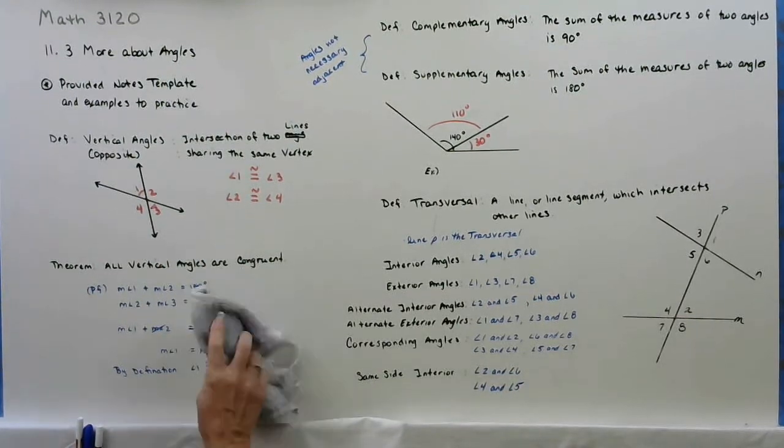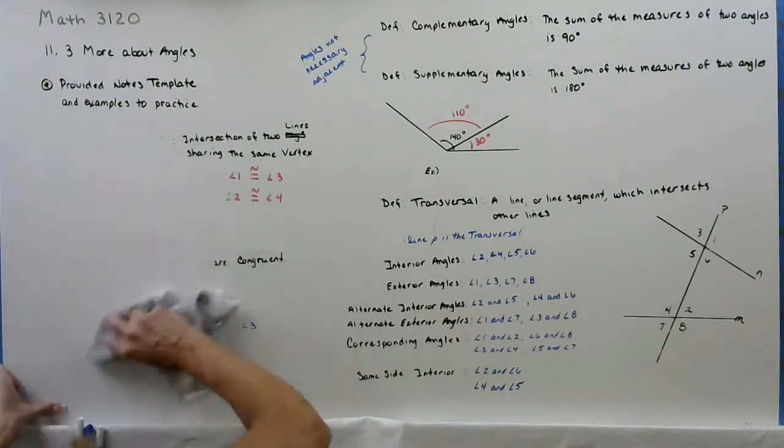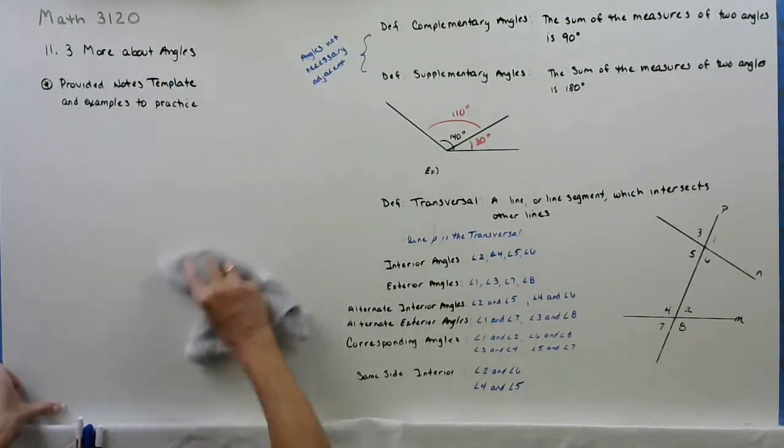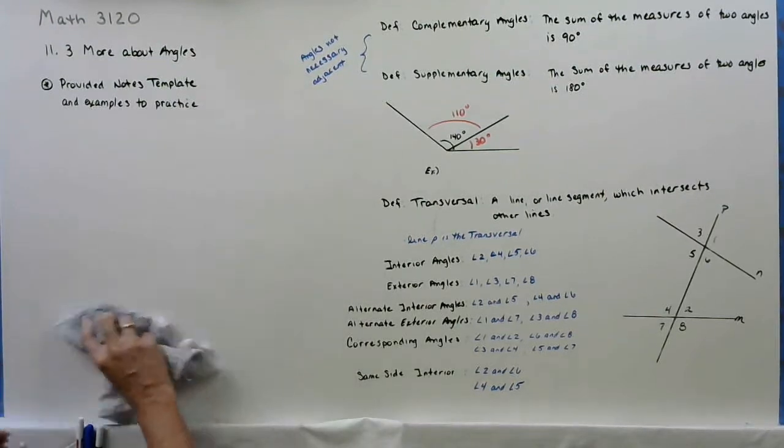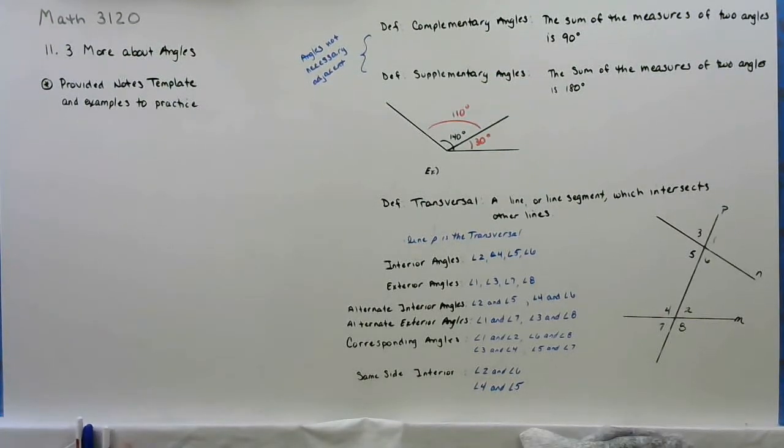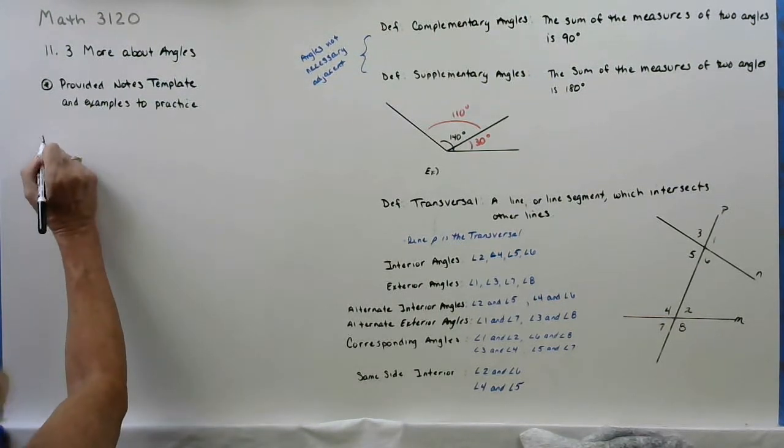So if I have two parallel lines cut by a transversal, then all kinds of things happen. Okay, so we have a very important theorem.